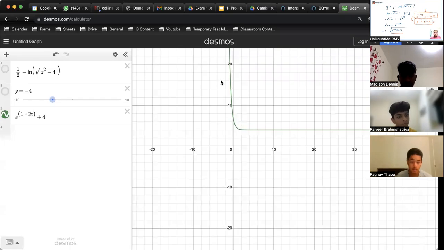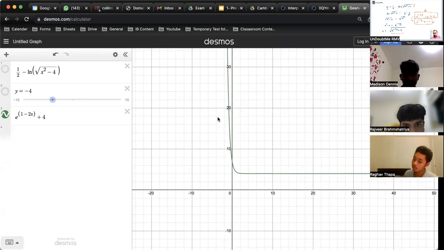If we look in Desmos, we can see which is the last x value.